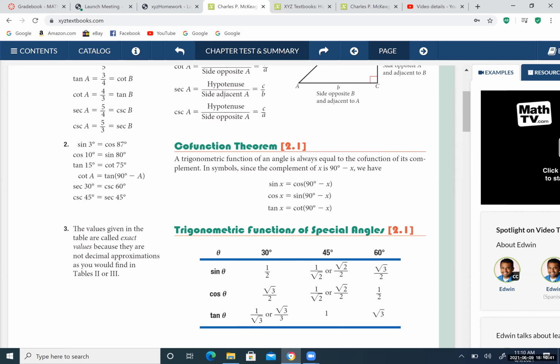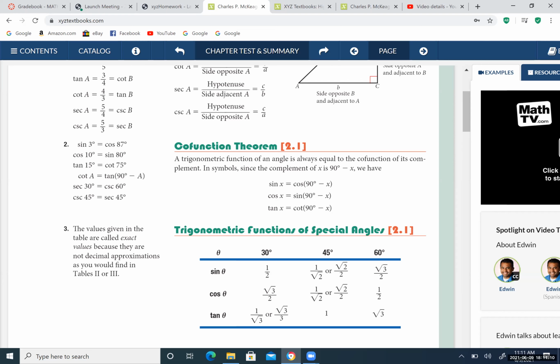Look on the left side, for example, sine of 3 degrees equals cosine of 87 degrees. So you know that sine and cosine are complements. In other words, co-function means the complement angle. That is how you do it.